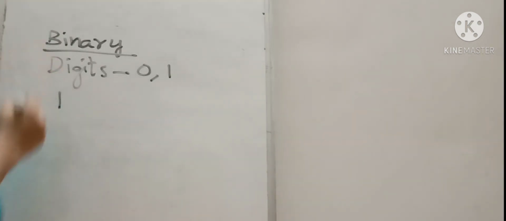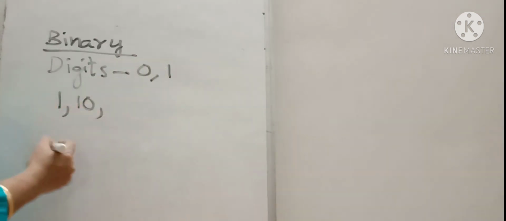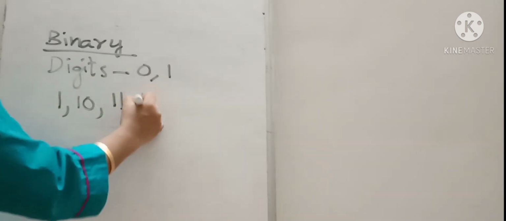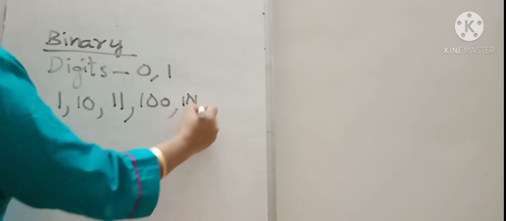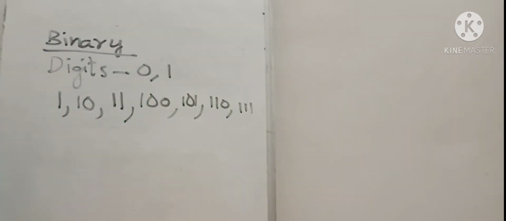Only 0 and 1. And if you want to count, 1 as 1, then 1 0 for 2, 1 1 for 3, 1 0 0 for 4.